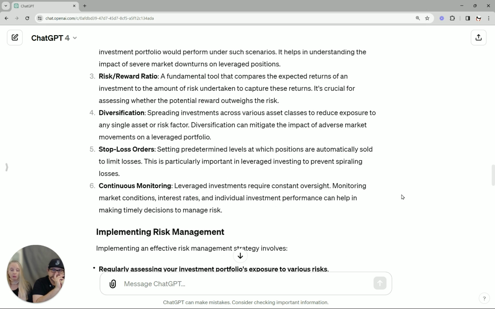Okay. And then monitor your leveraged investments. You want to make sure the market's not going to cause you problems. What are the interest rates on what it is that you've gone out and got loans on, or possibly properties that you took loans against? There's a lot of information there.